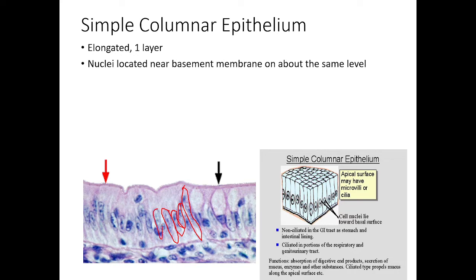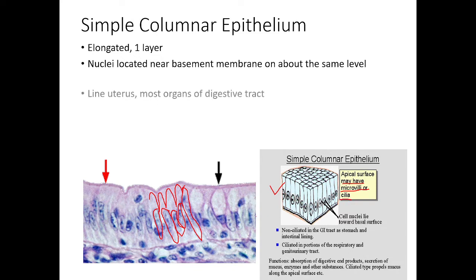You can see the actual structure of these cells, which looks like this. The apical surface may have microvilli in the intestine or cilia.